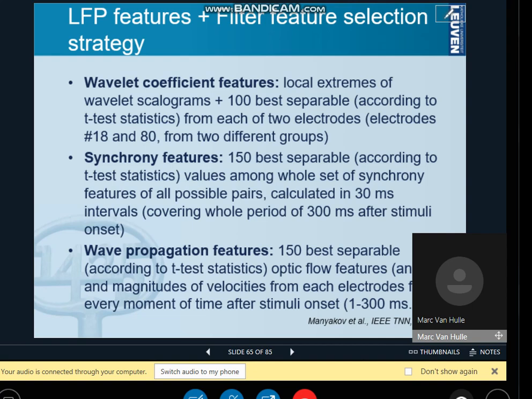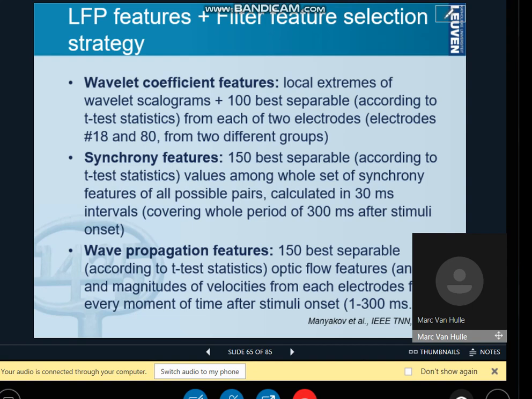Okay, now we get to how you build up your feature space. You have seen three types of analysis: wavelets, phase synchrony, and wave propagation. Now you have to define features. In the case of the wavelets, we took 100 features for two electrodes, 18 and 80.